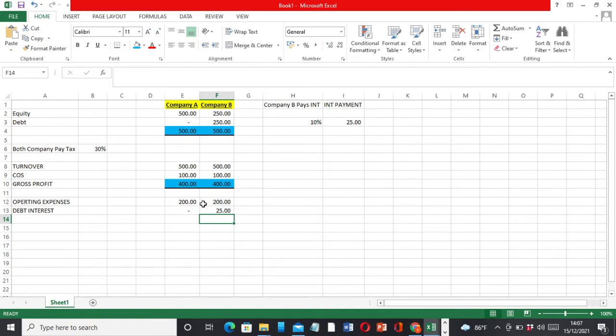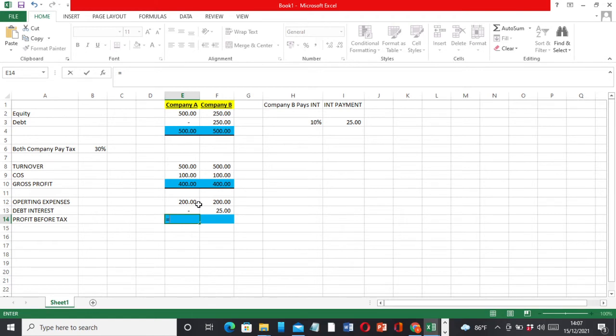So let's calculate. Let's put the blue color sign. So profit before tax, or you can call it PBT. So what is your profit before tax?